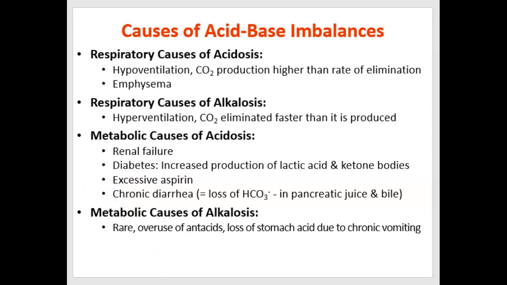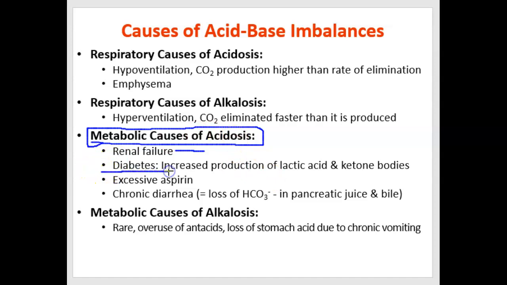So we just lump anything that's not a respiratory cause into this category called metabolic causes. So causes of acidosis that are not respiratory but due to something else could be due to kidney disease, because remember, kidneys get rid of excess acid and they reabsorb base into our body. So kidney failure usually results in acidosis of body fluids.